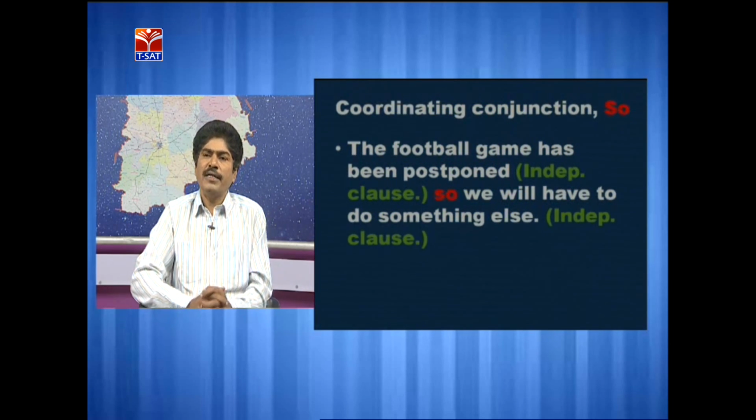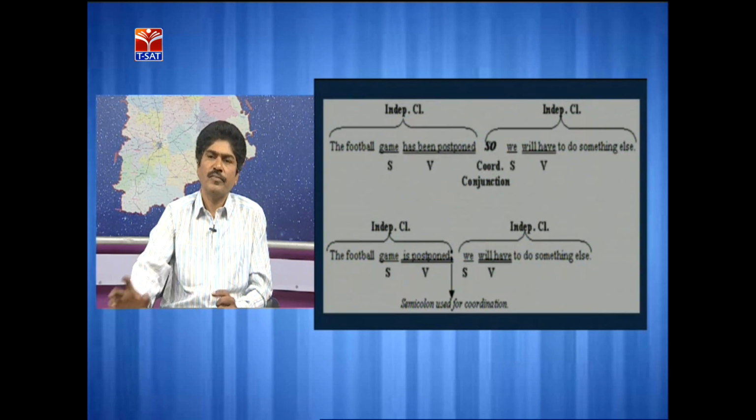We use the coordinating conjunction so. The football game has been postponed, so we will have to do something else. We combined these two independent clauses by using so, which is a coordinating conjunction.